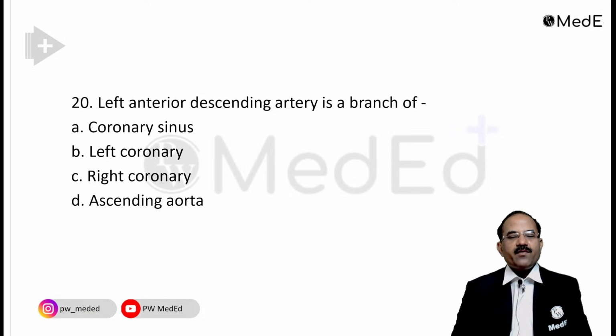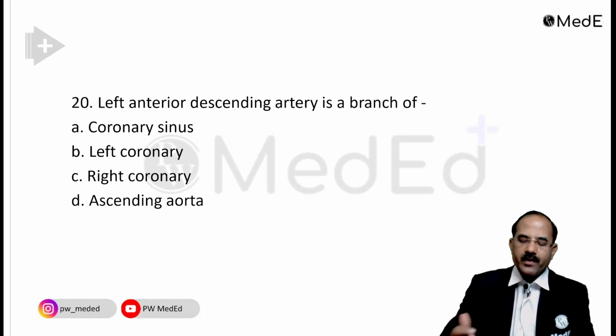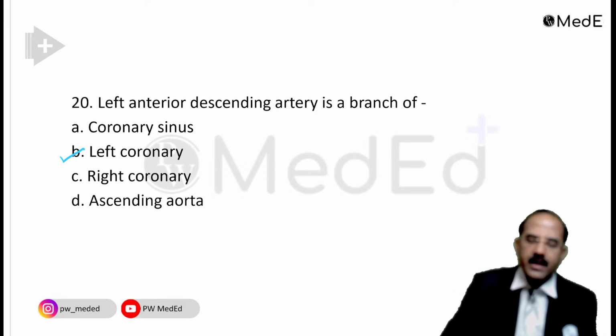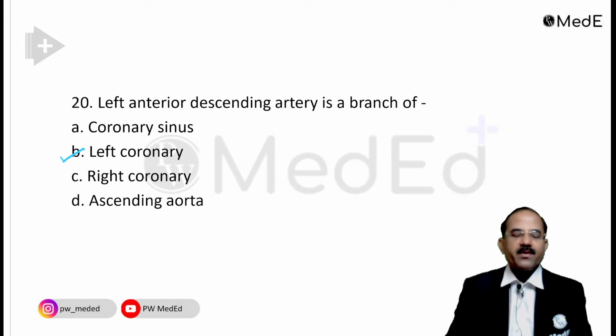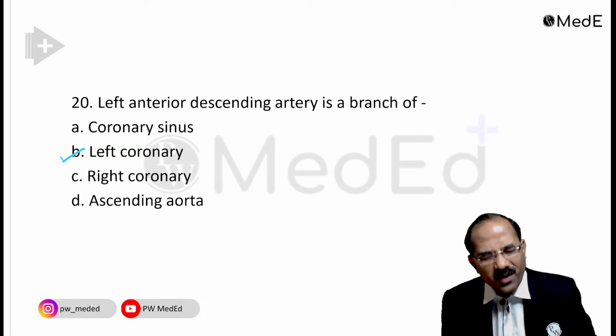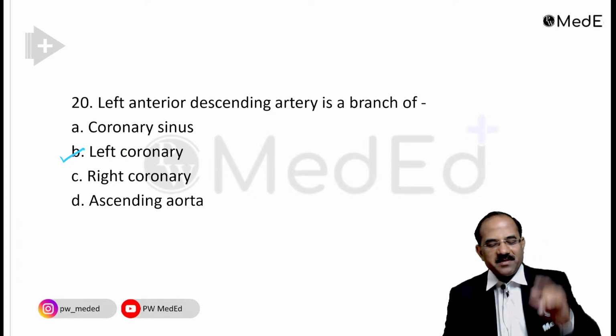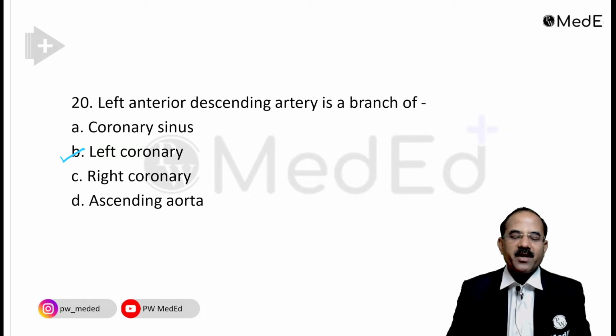Yes, left anterior descending artery is a branch of the left coronary artery. Very good, very good. Be confident, Ruchi, be confident. You know things. You put a question mark, which means you're not confident. You should be confident. Okay.